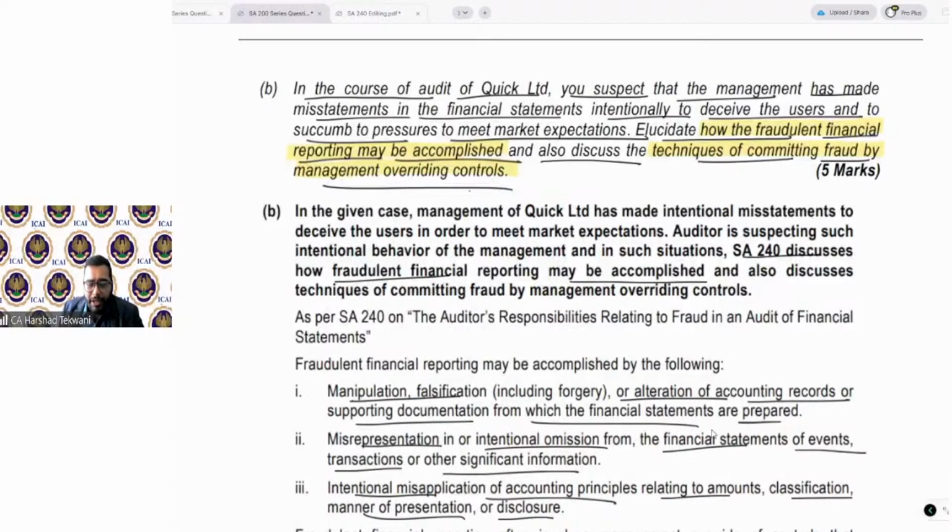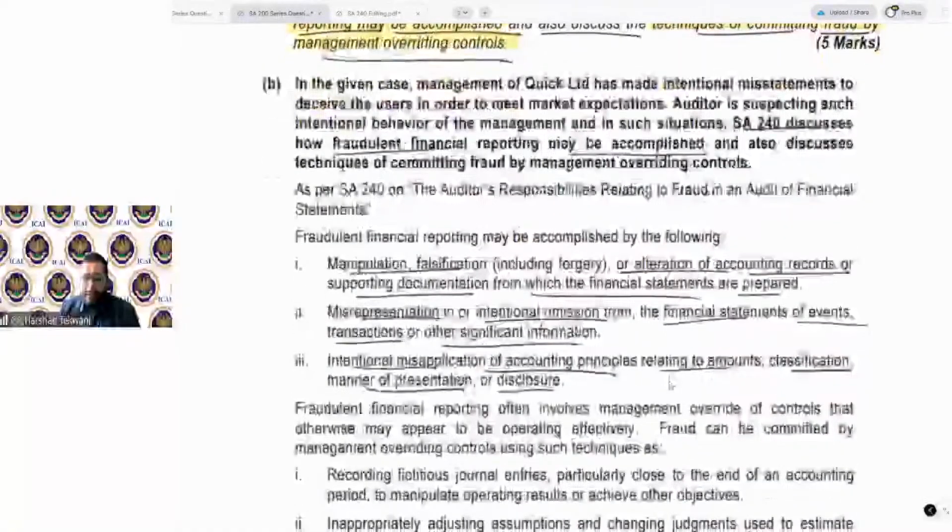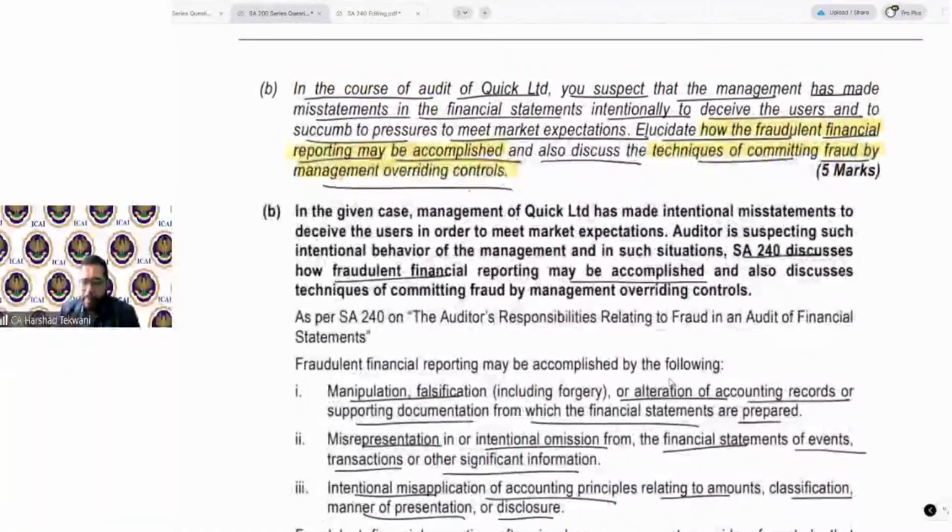So if you do this intentional manipulation, misapplication, misrepresentation, then that will become your fraudulent financial reporting.